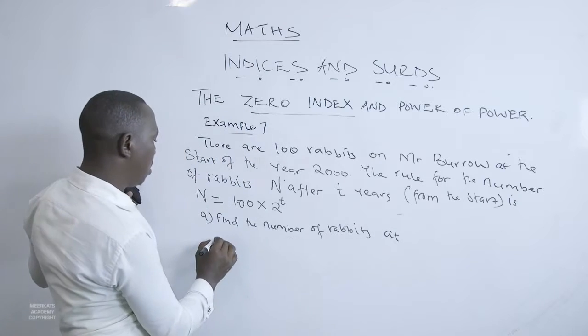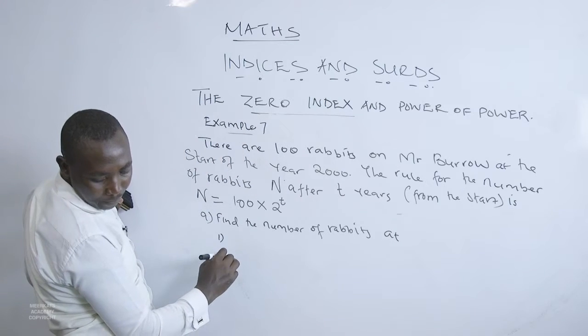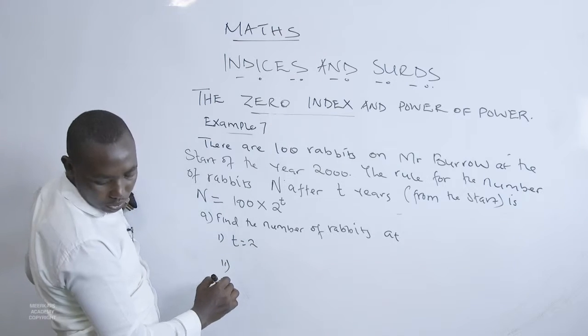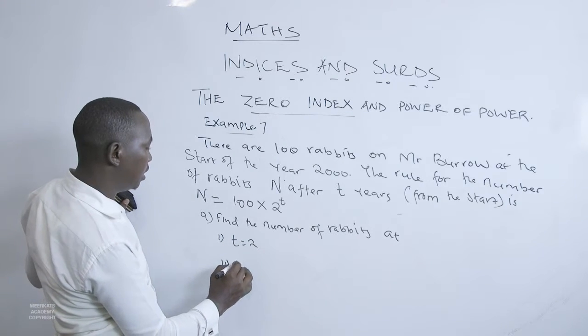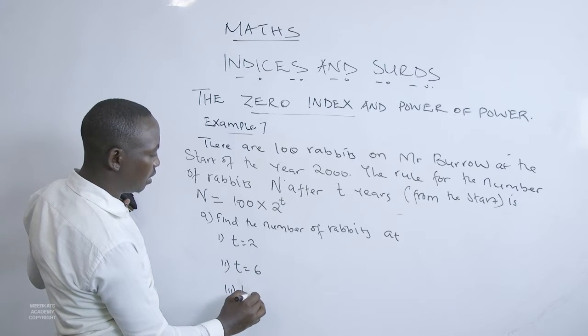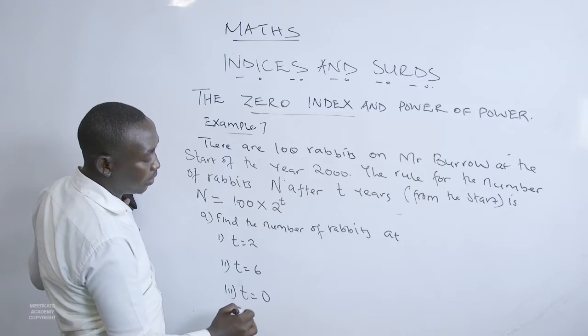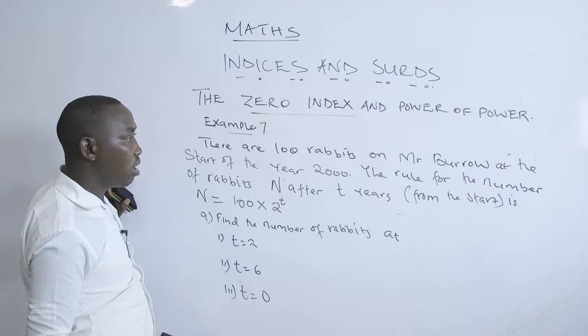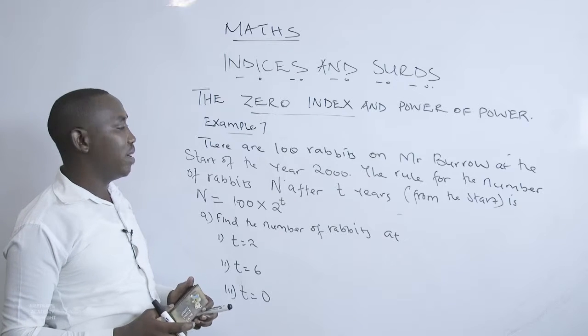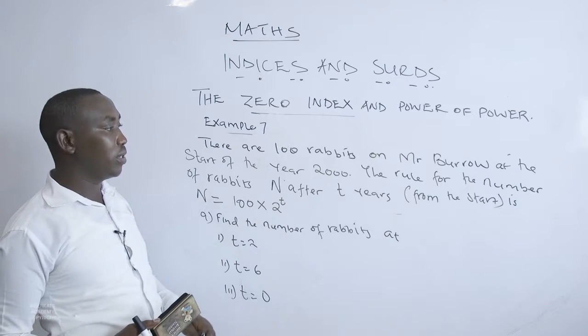at 1, t is equal to 2, 2, t is equal to 6, and 3, t is equal to 0. So we have 100 rabbits on the farm of Mr. Barrow at the start of the year 2000.